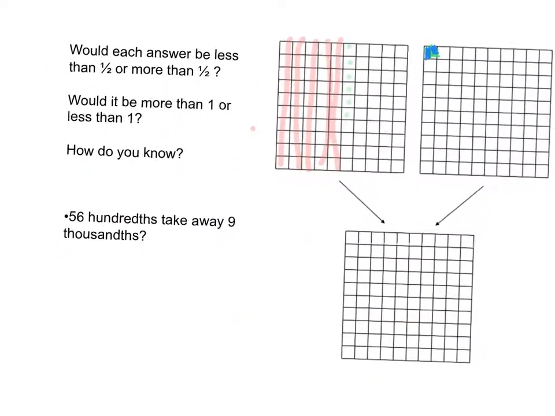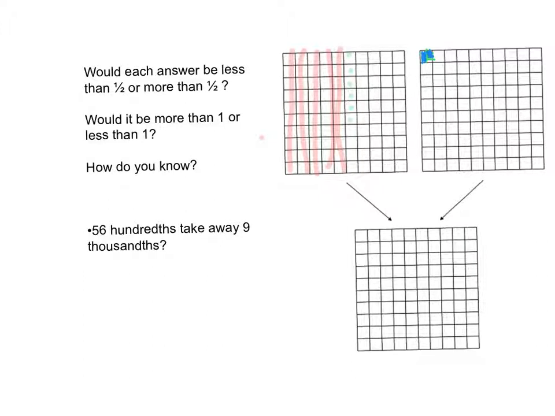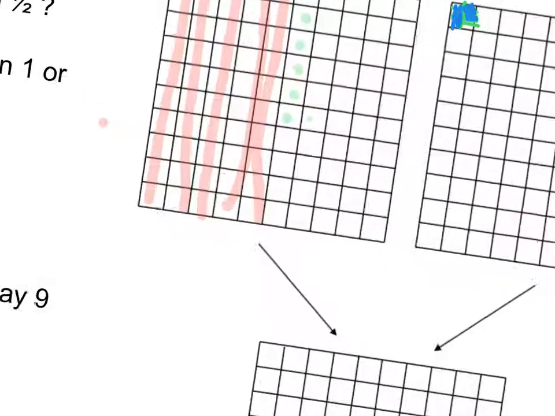So now when we look at this, we have 56 hundredths and we're taking away 9 thousandths. Now there aren't any thousandths to actually take away. So what we need to actually do is we look at this last box here and we take away 9 thousandths out of that 100th.